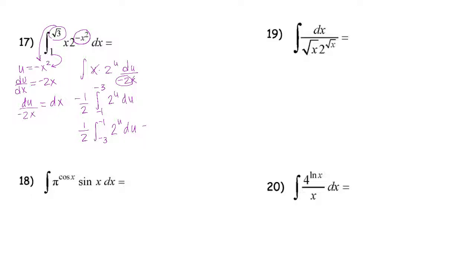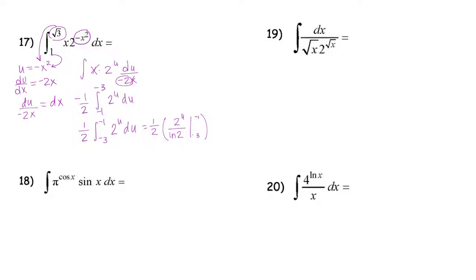So evaluating this, we're going to have 1/2 times, and let's see, when we integrate 2 raised to the u power, that's going to be 2 raised to the u over the natural log of 2. And we'll evaluate this from negative 3 to negative 1.